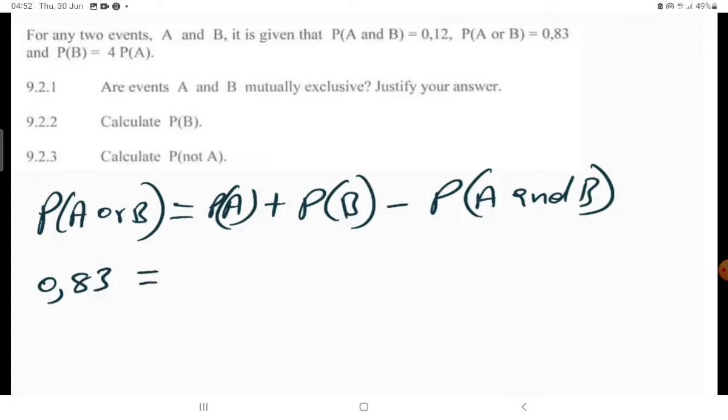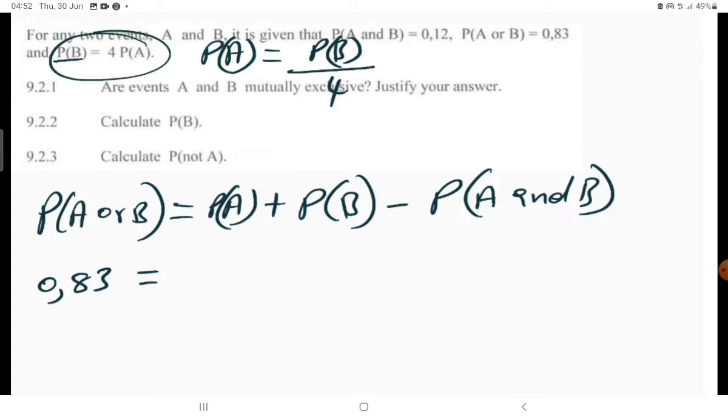Then for the probability of A, we can solve for A here, because we can just divide by 4, so that the probability of A will be the probability of B divided by 4. So in the place of the probability of A, we have used this equation: probability of B over 4.